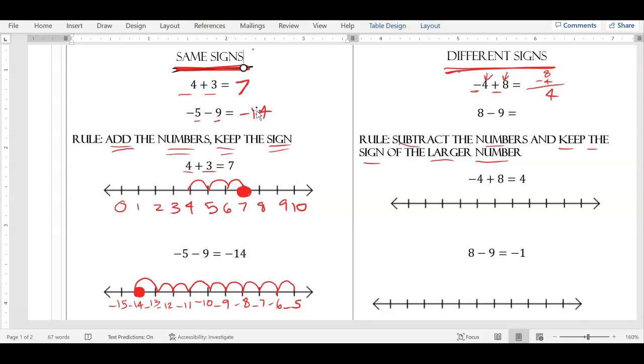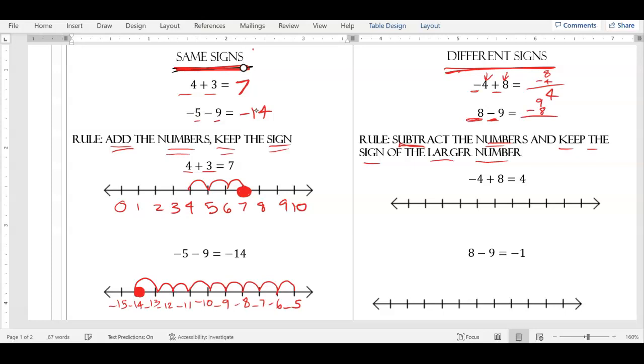Let's do it again. So we have 8 minus 9. That means we have an implied positive 8, and a subtraction, so a minus 9. So those signs don't match, a plus and a minus. They don't match. So once again, we're going to have to subtract the numbers. So let's pick the bigger one, 9 minus 8.